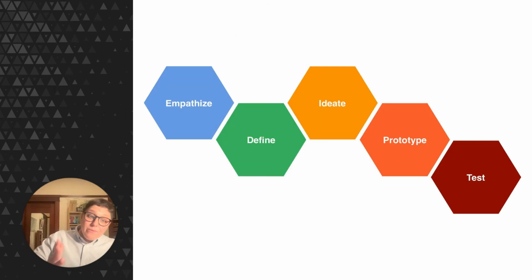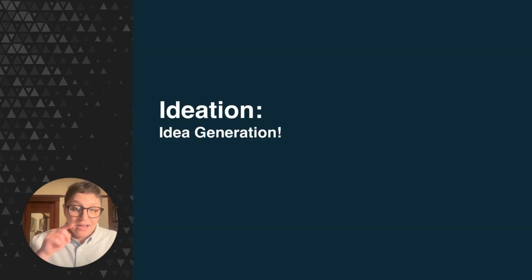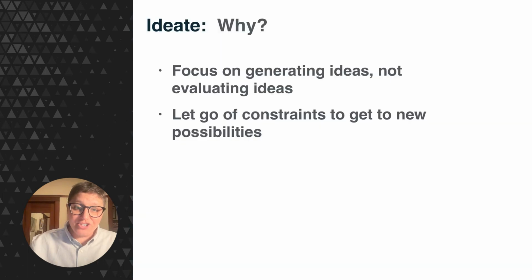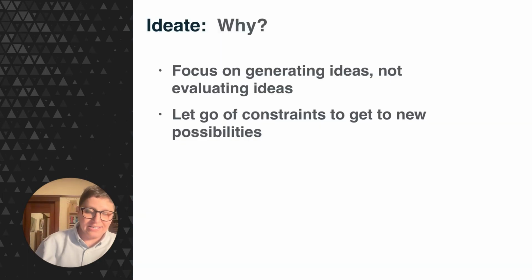Okay, so then the how might we question is going to set you up to start to generate ideas, and that's the ideate phase. And in ideation, we're trying to focus on generating ideas, not evaluating ideas. And we're also trying to let go of constraints to get to new possibilities.